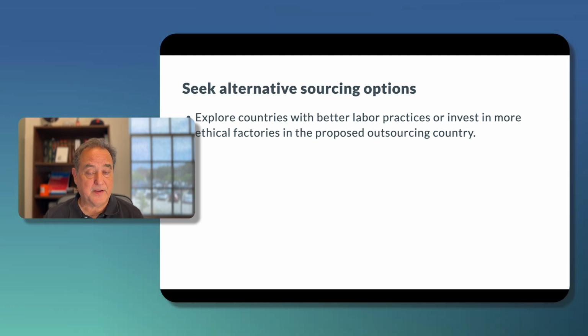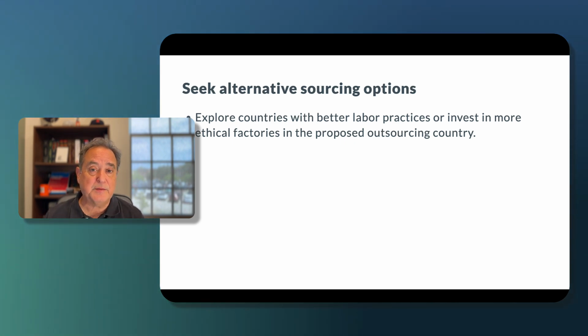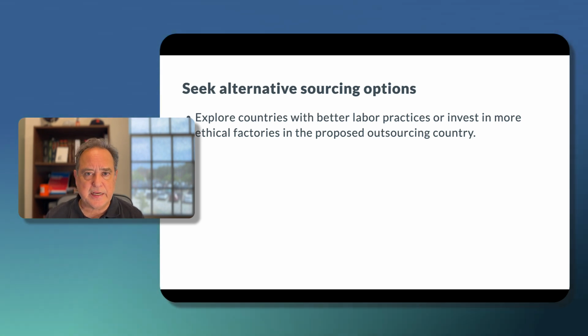Or in the country in which we're looking, we could invest in more ethical factories, again, backed by our routine monitoring and auditing procedures. So we could seek alternative sourcing options, either in another country or ensure that situations are better in the country we've chosen.